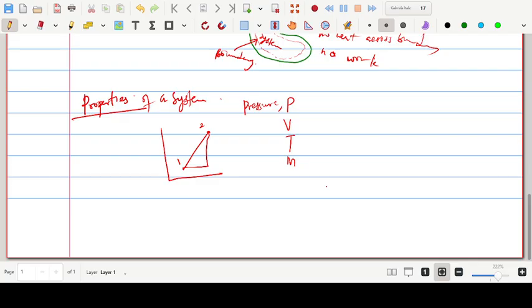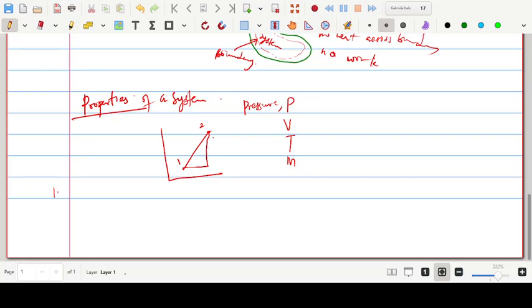So what are the characteristics of a property? Number one, properties do not depend on the process. If you want to move from here to here, that is a process. Any pathway you follow, we are less concerned.